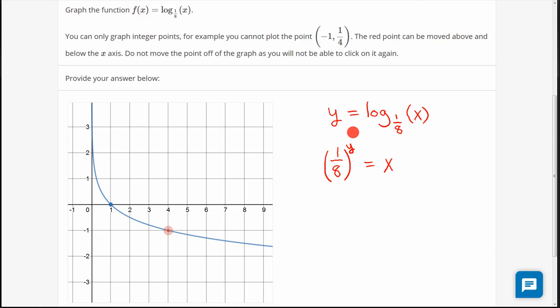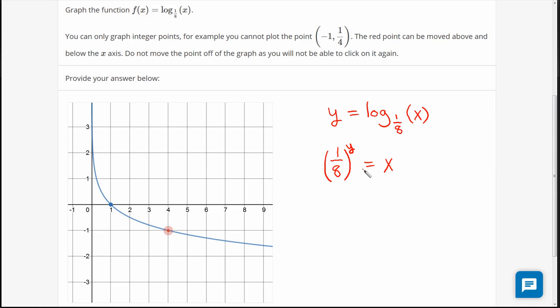They trade places because logarithms and exponential functions are inverses. So you should remember that a logarithm equation always corresponds to an exponential equation, and the only difference is that the x and the y trade places.